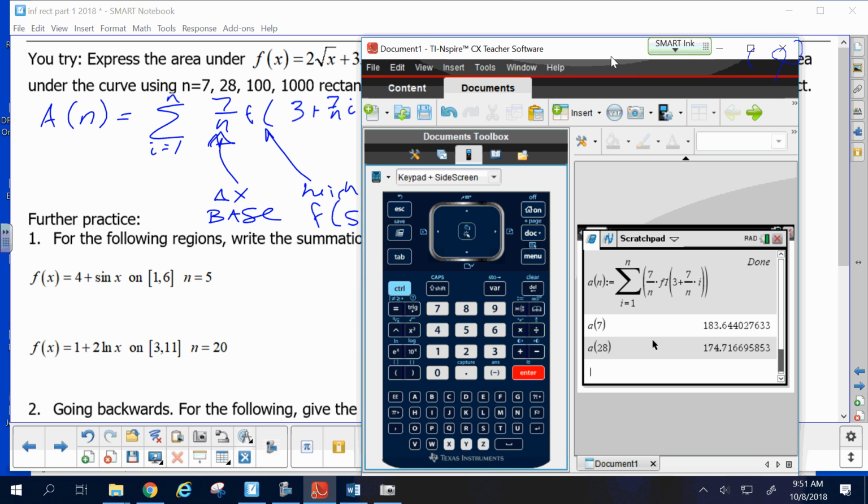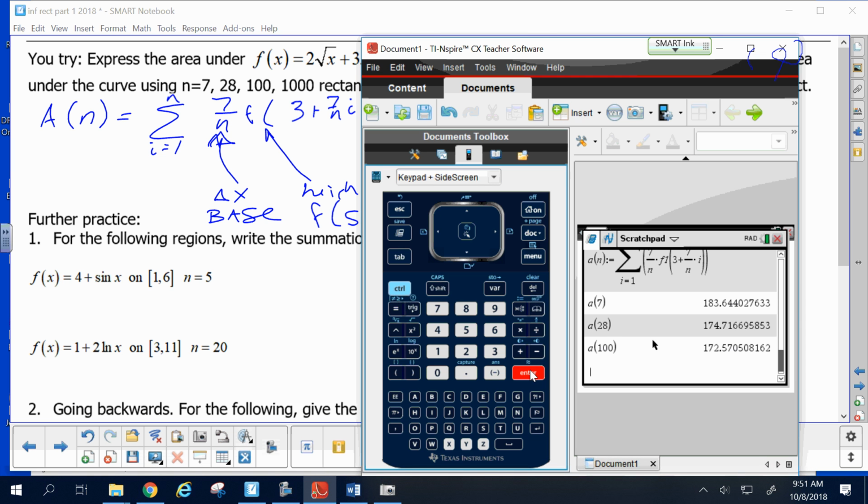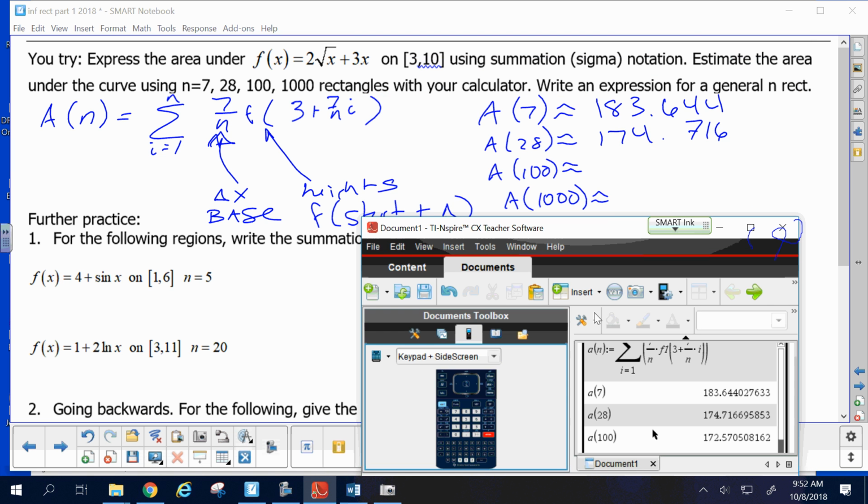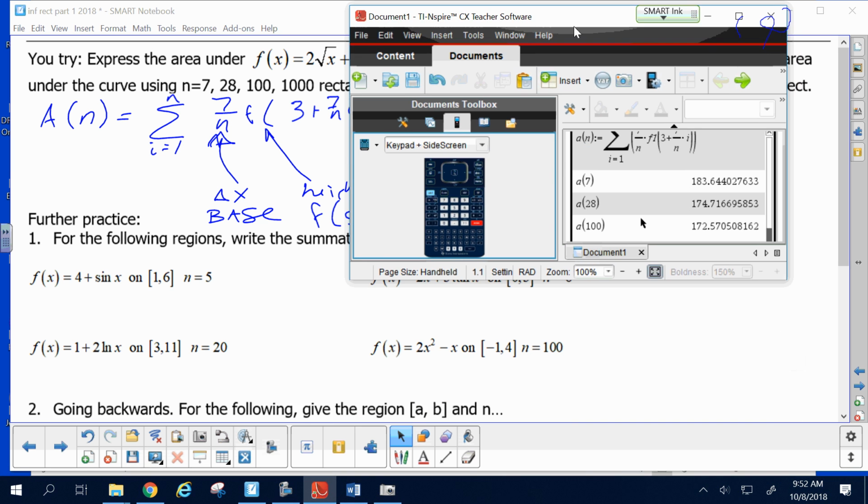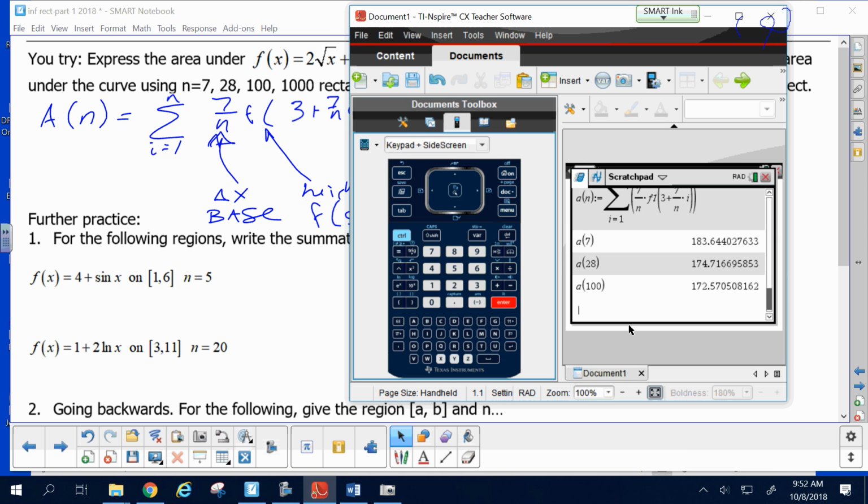With 100 rectangles, 172.570. That's 1,000 rectangles. Okay.